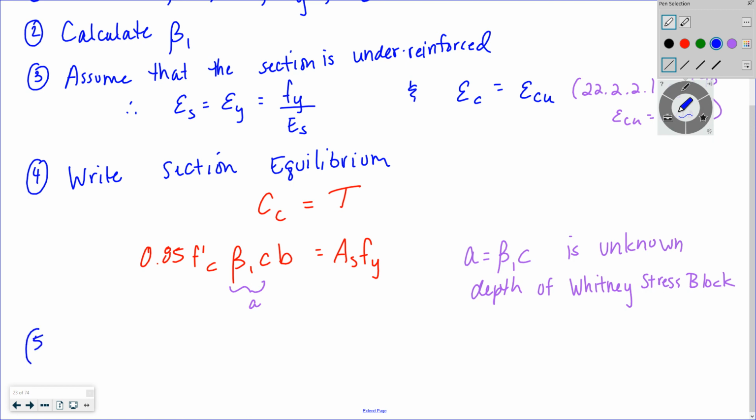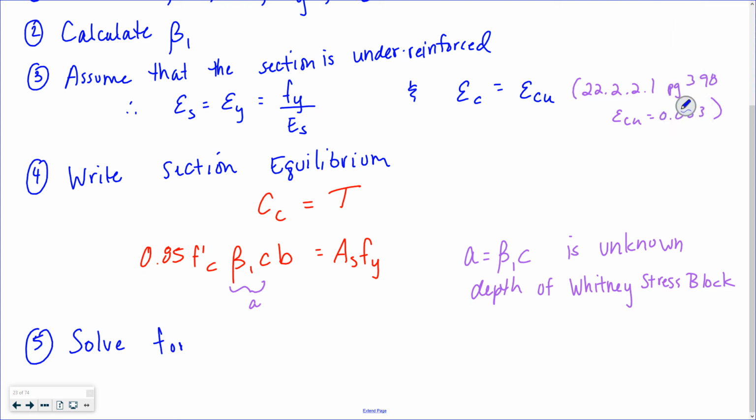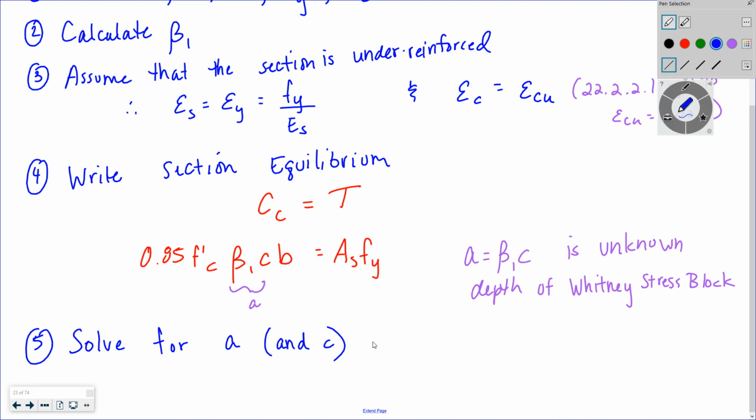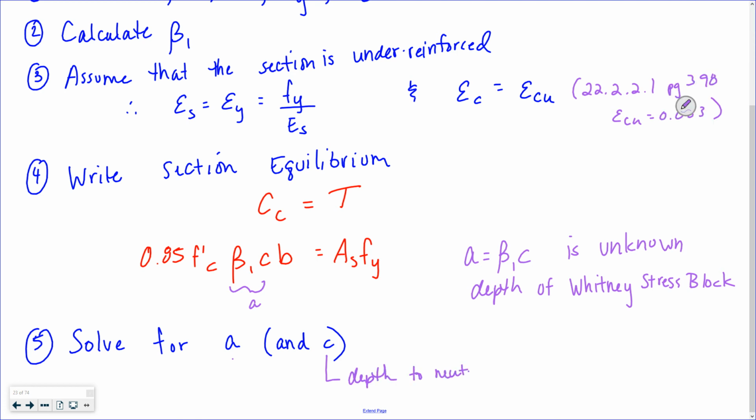So I'm going to solve for A and C, right? You can solve for A and then calculate C, or the other way around. A is the depth of the Whitney stress block, and C is just the depth to the neutral axis.